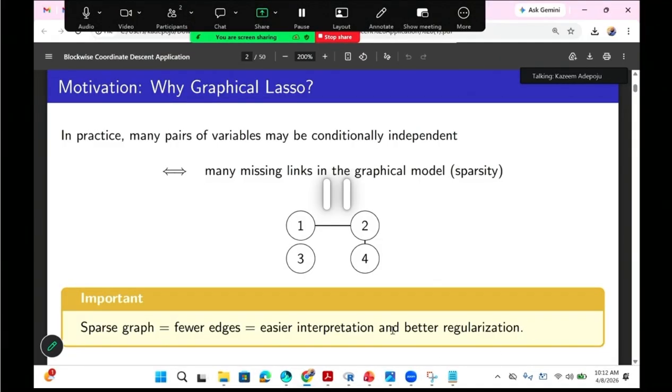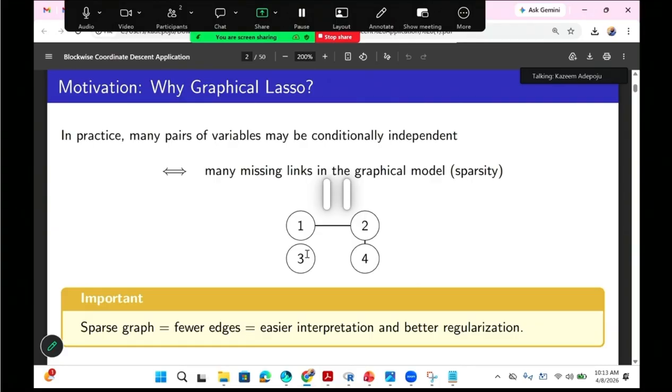Now, in that situation, we're going to say that after observing the rest of the variables, two variables are conditionally independent. So when conditional independence is involved, you're going to see edges disappearing. As you can see here, between 3 and 4 there's no edge, there's no arrow.